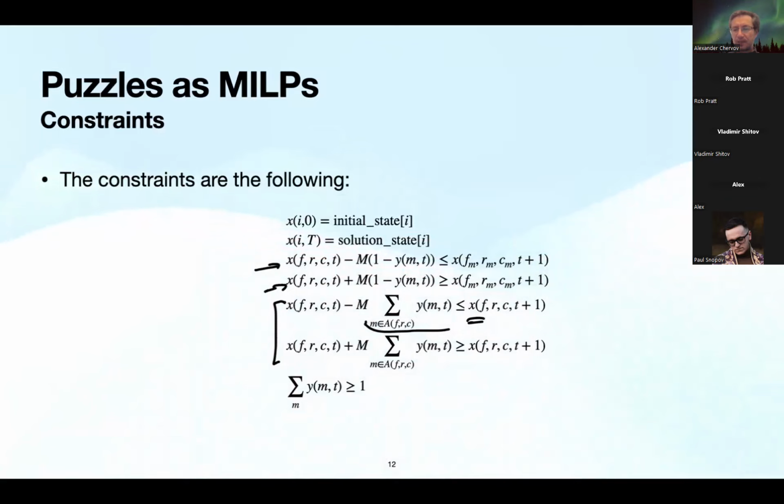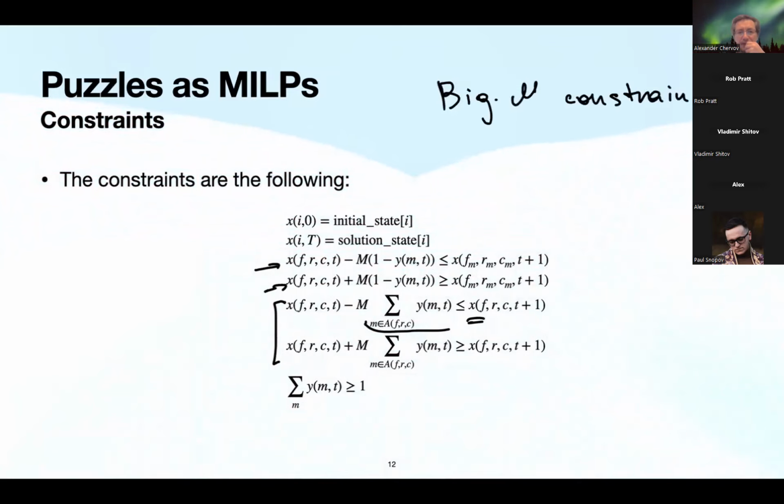You can send in the chat the name, because I cannot. Big M constraint. I see. Okay, thank you. And this works for any group, so we can take any moves. Yeah, it's even beyond groups. I'll put in the chat a general formulation.